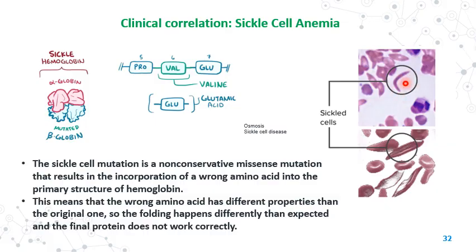Those polymers clog up the very fine capillaries, and the person ends up with a lot of problems, because the tissue cannot be properly oxygenated. You end up with plugs in those very fine capillaries. So this is also a very painful condition.